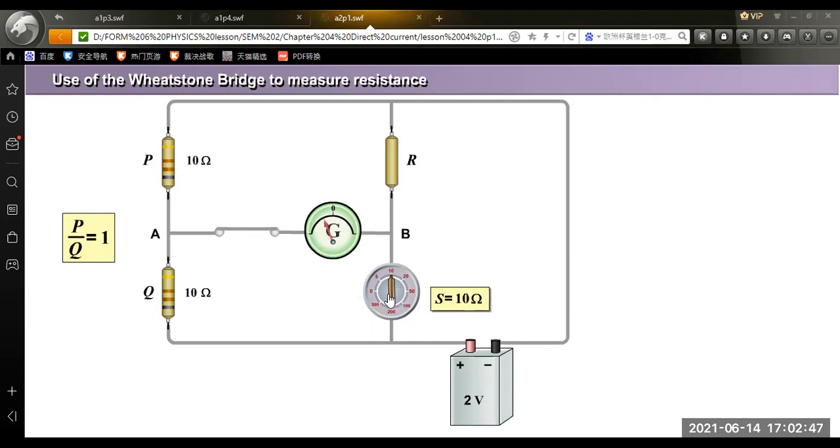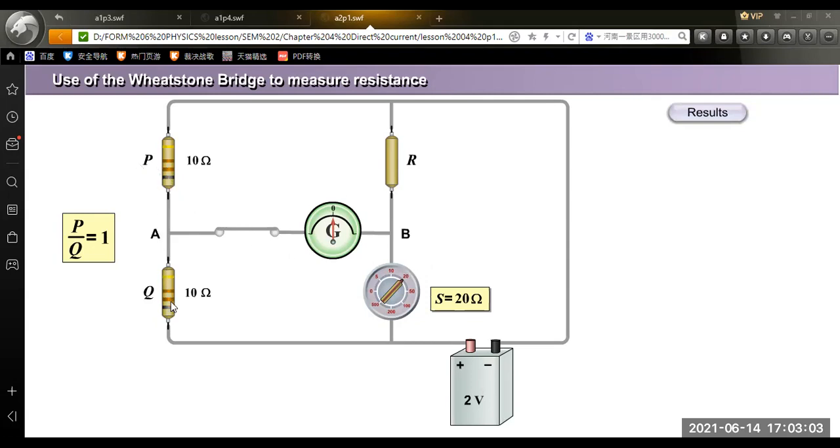Once I adjust until I get the balance point, the zero point of the galvanometer, that means that the current at A equals the current at B, and the potential difference of A equals the potential difference of B.